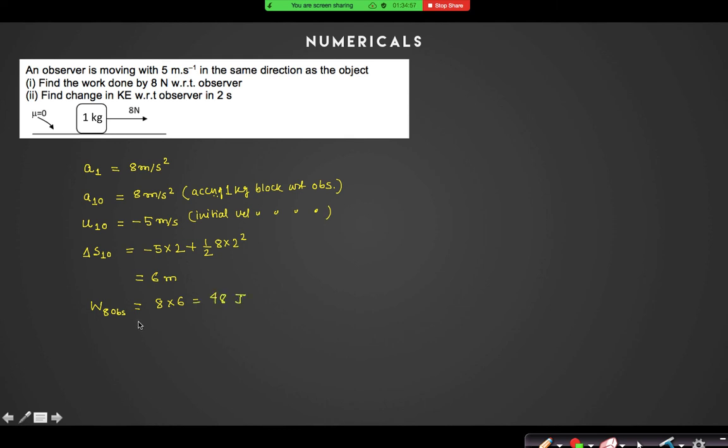And that will be the same from the work energy theorem. And what is the change in kinetic energy with respect to the observer? It is half m V final square minus half m V initial square. Look, if I only go with the definition of energy, not work power, not the work energy theorem, then also I will get the same answer.